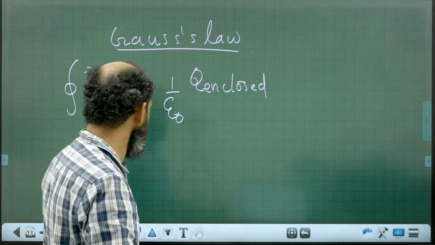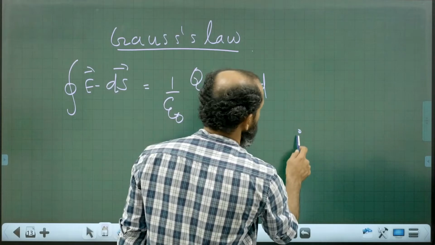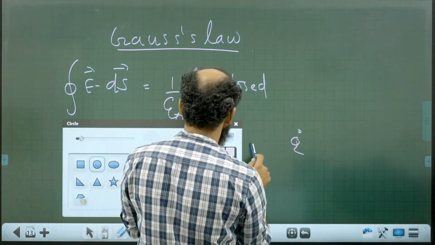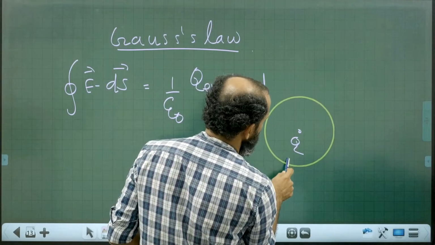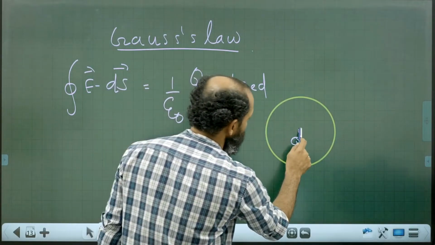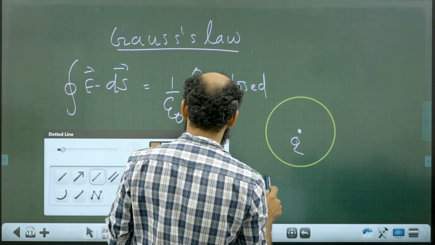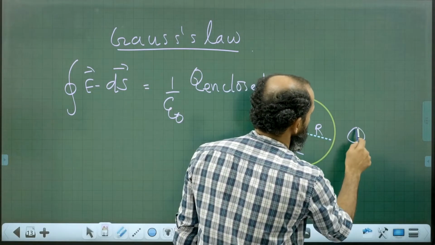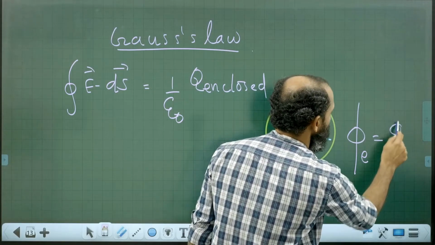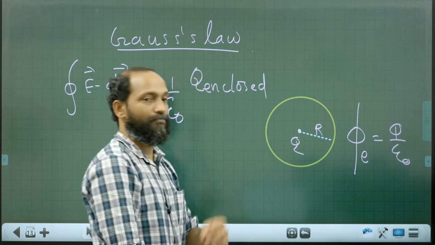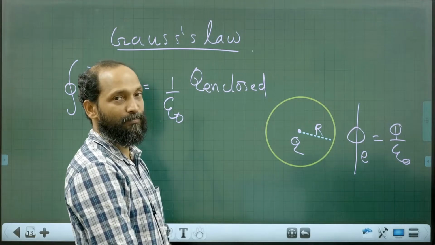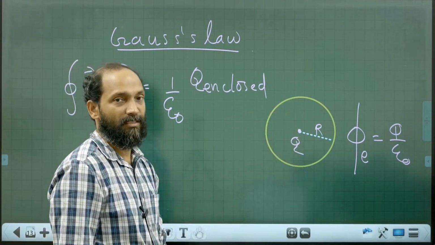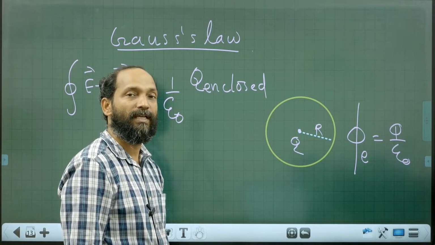For example, you have a charge Q at the center of a concentric sphere of radius R. What is the total flux? Total electric flux is equal to Q by epsilon 0 if it is in vacuum. If in a medium, of course, Q by epsilon 0 epsilon r, so the flux is reduced by a factor of 1 by epsilon r.